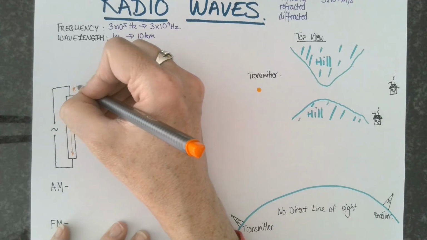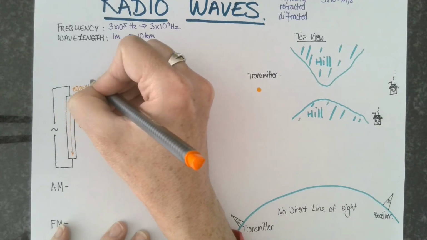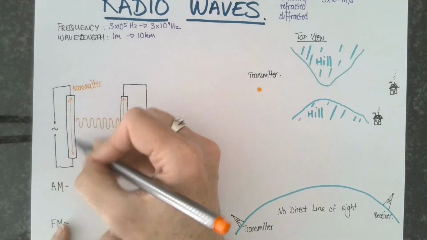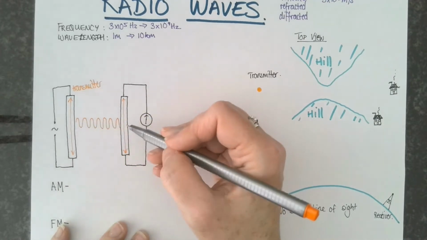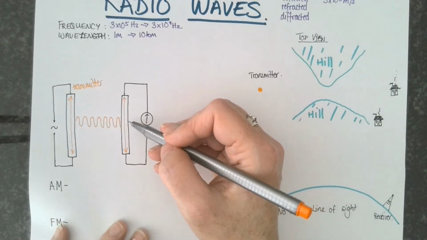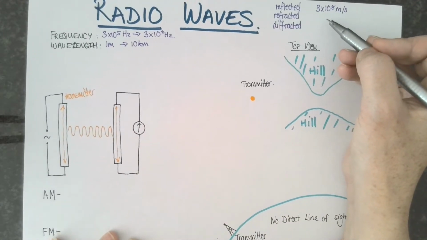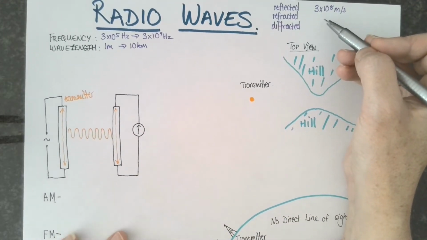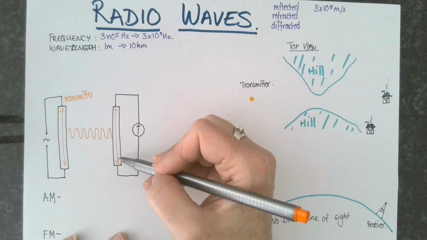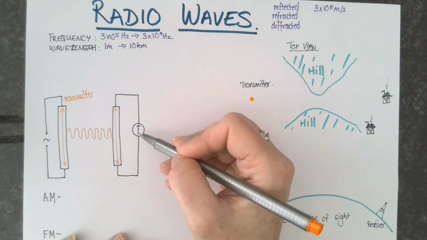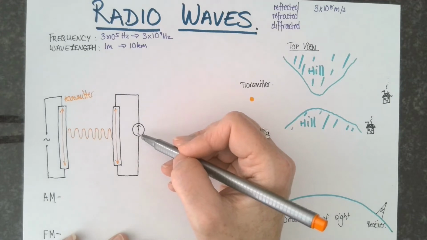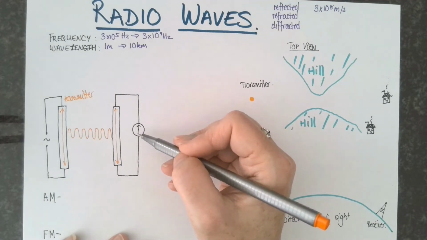So our transmitter has a changing voltage, an alternating voltage, which creates a radio wave which, when transmitted through the air at 3 times 10 to the 8 meters per second, because it's an electromagnetic wave, is received at a receiver and then will induce an alternating voltage in that, which can then be either measured or converted into sound.